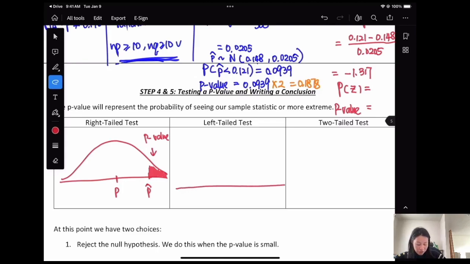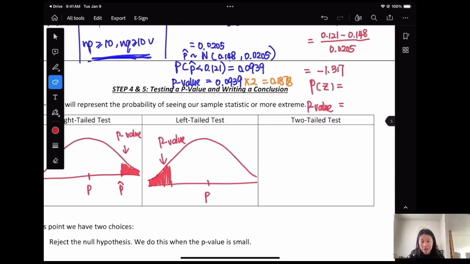And for the left-tailed test, we're looking for something on the left side of our center. That is going to be our p-value. So for the two-tailed test, which is the test that we did in the last problem, we have the null hypothesis in the middle, and two-tailed means you see keywords about being different than what they have right now. So the p-value is going to be double what you found. You need to multiply by 2.